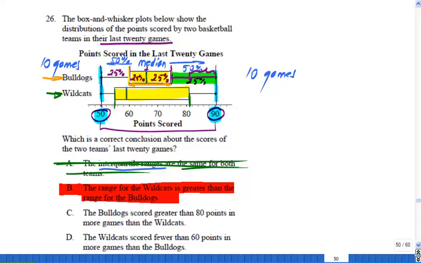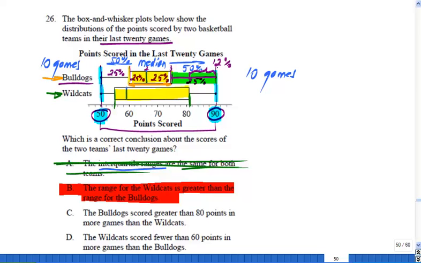Well, if the whole green whisker here is 25%, that should be about, let's say, 12%, if not 13%. So the Bulldogs scored above 80 in 12% of their total amount of games.